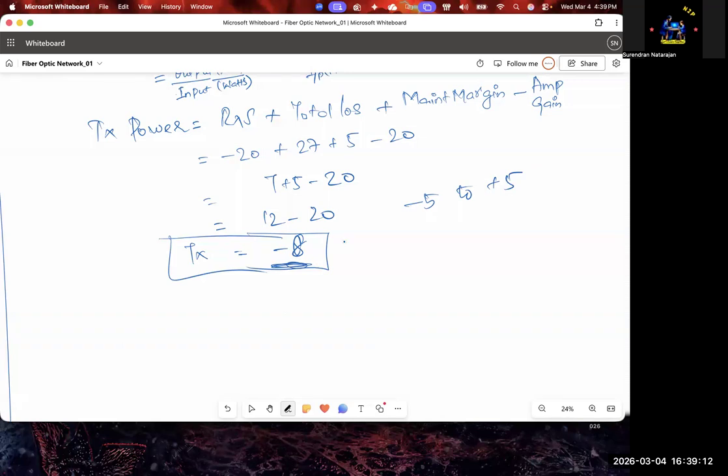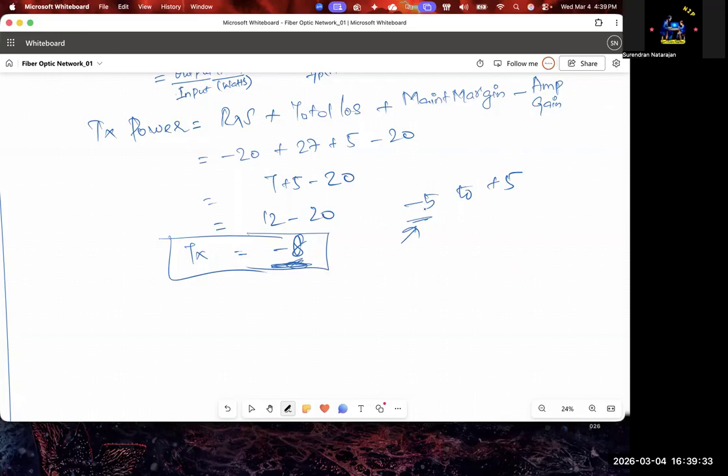I said minus 8 or minus 5, which is the high power? Minus 5 is the high power, so this is the low power. As per calculation, low power is enough for the light to survive the 80-kilometer link. But there is no harm in filling extra fuel.